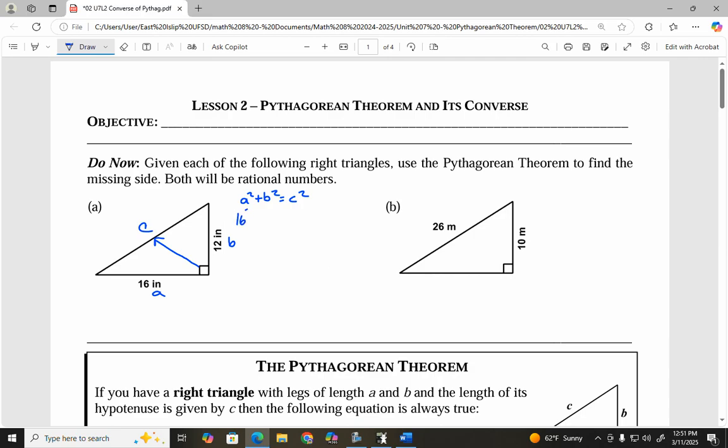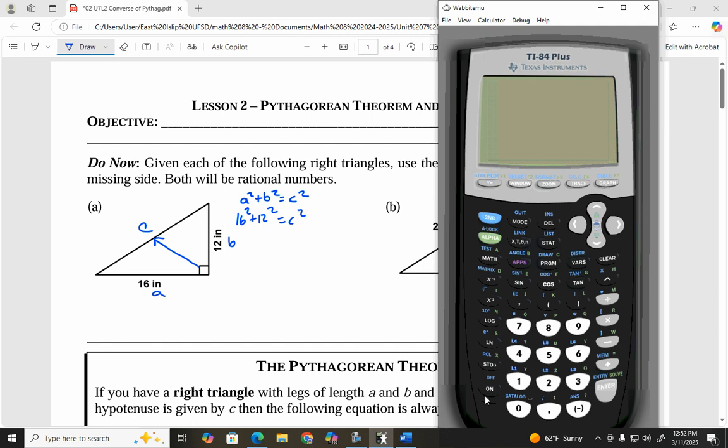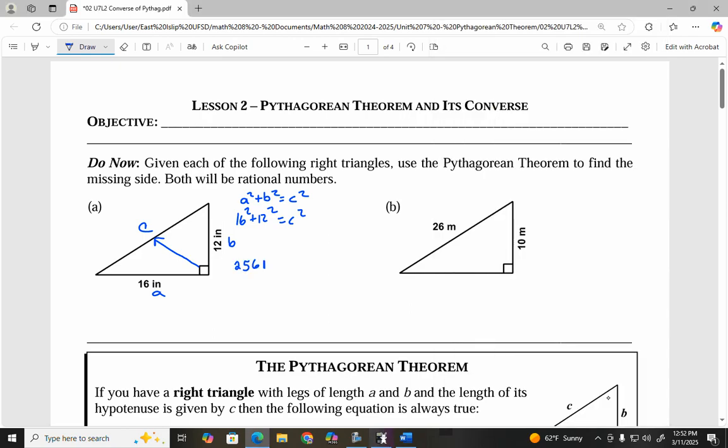So I'll do 16 squared plus 12 squared equals c squared. When the numbers are a little larger like this, I do like to use my calculator. 16 squared is 256. 12 squared is 144.